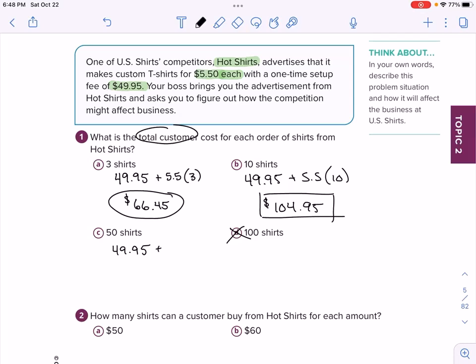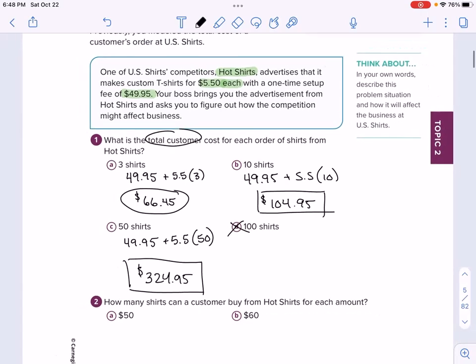All right, we're going to put $49.95 plus 5.5, and we're now multiplying by 50. You're welcome to put this into your calculator, but this is quite a bit of money to purchase 50 shirts. Obviously, it's going to be a lot. $324.95.